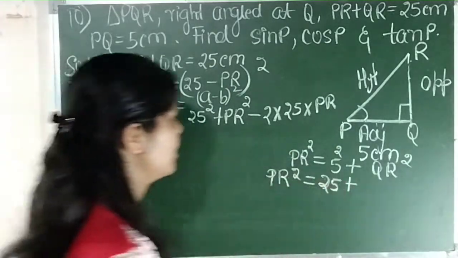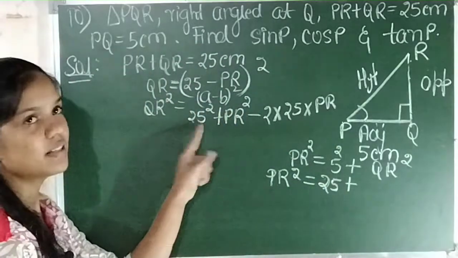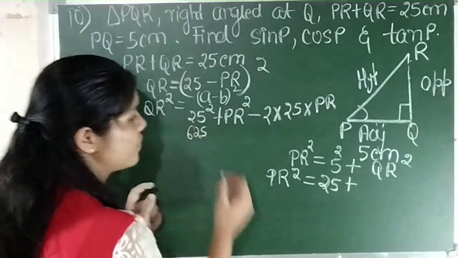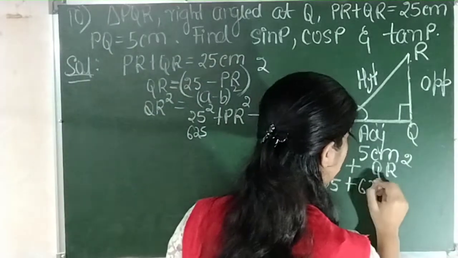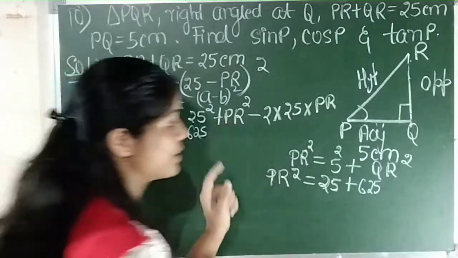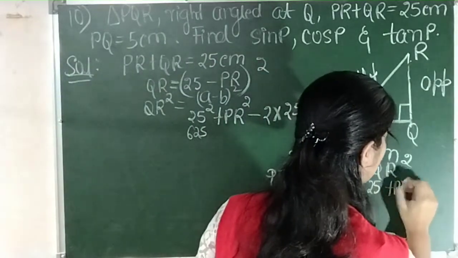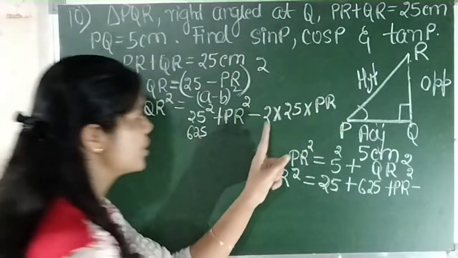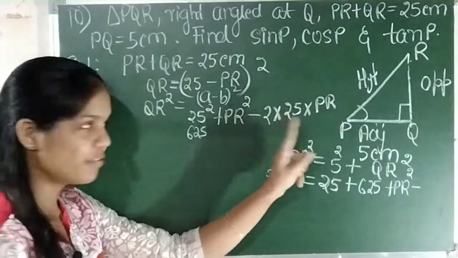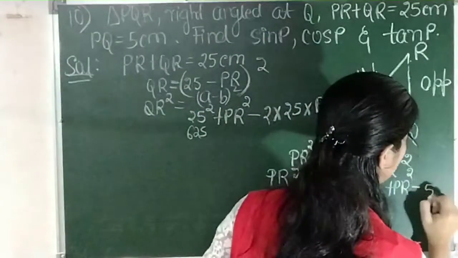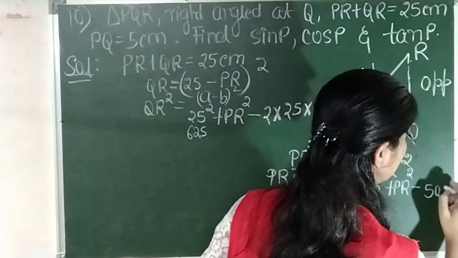So write the values here. 25 square is 625. 625 plus PR square minus 2 into 25 is 50, 50 PR.